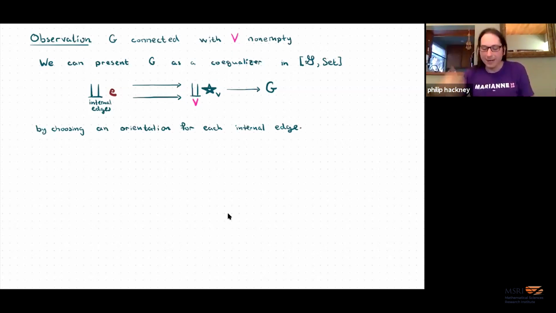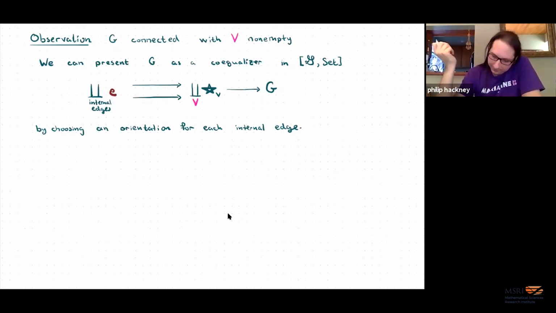And I view it as a functor from this scripty G category into sets. I can actually write that as a co-equalizer in a particular way.